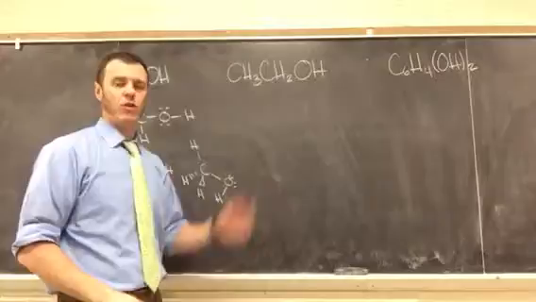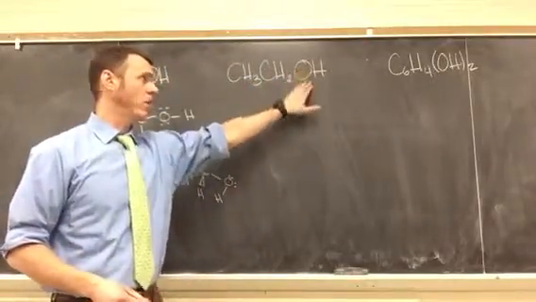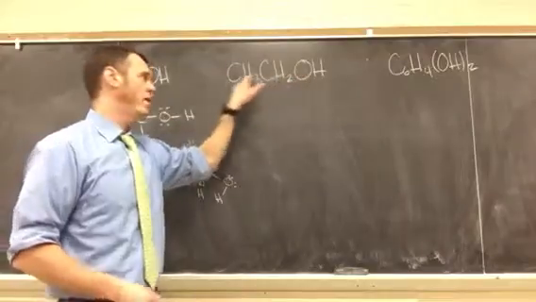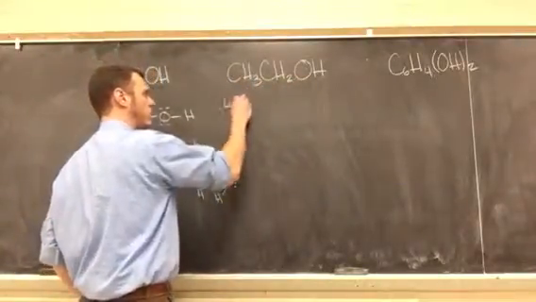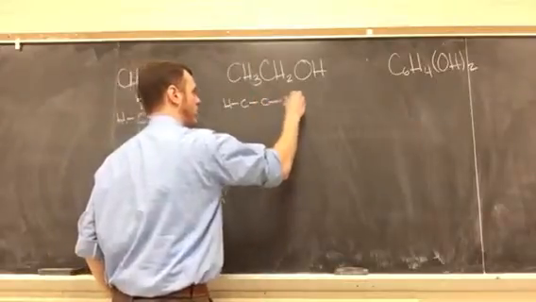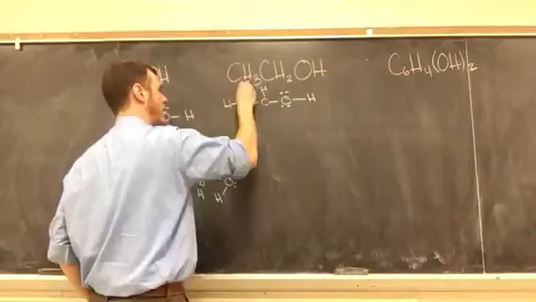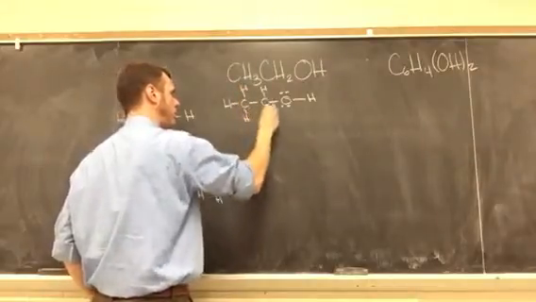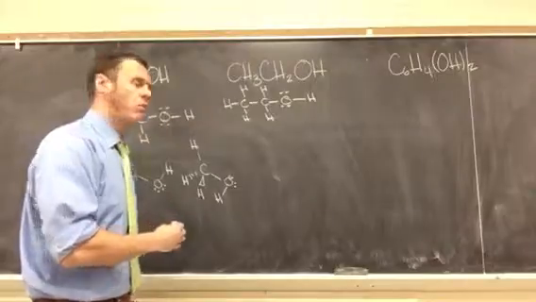Here we have ethanol, all right? Ethanol, CH3CH2OH, our alcohol group for ol, and then Eth because we have 2 carbons. So if we draw the Lewis dot structure first, we get something that looks like this. Okay? Let's start with the carbon on the left.